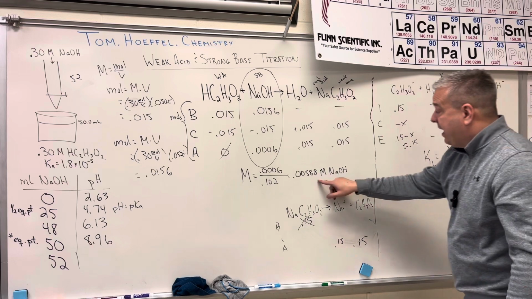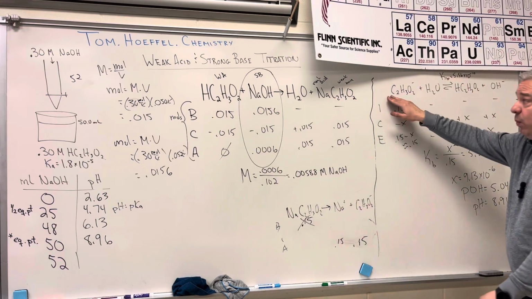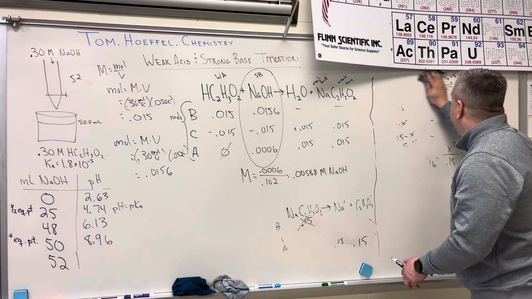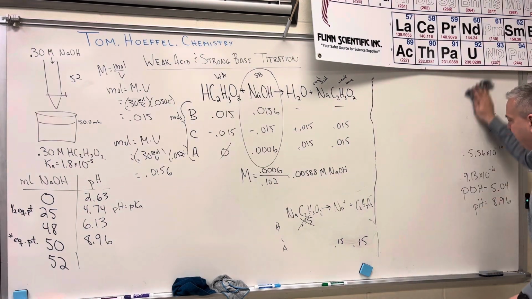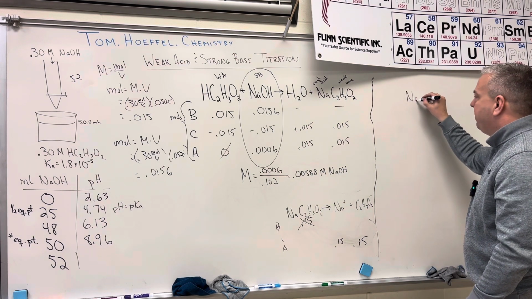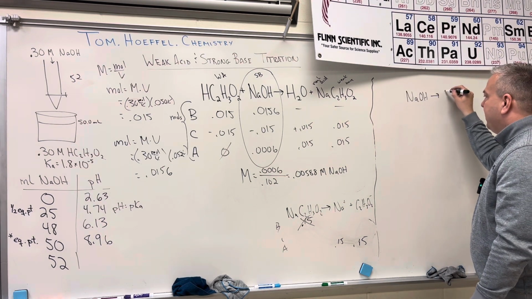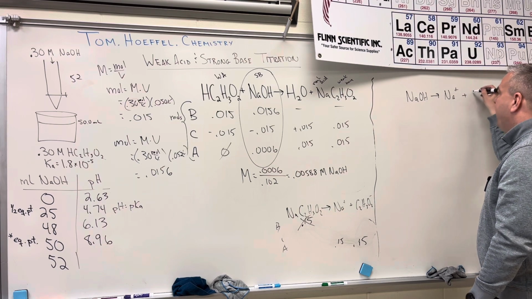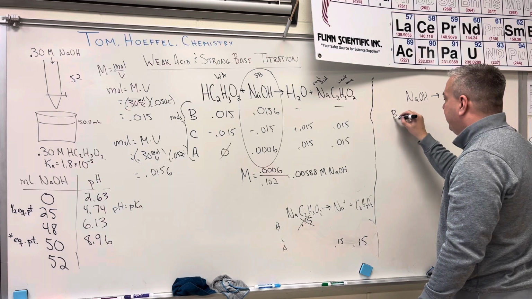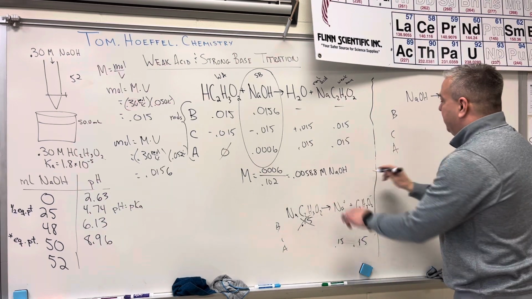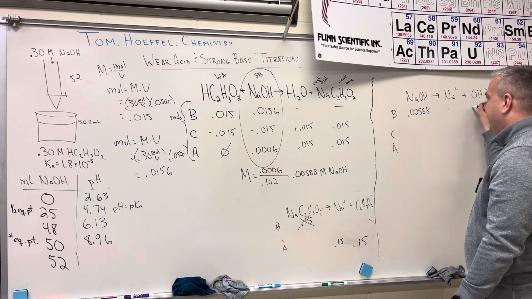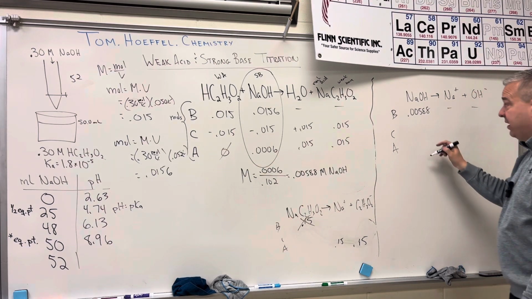So if we have a strong base present, we don't have to write a weak base equation. We need to write a strong base equation. So let me do some erasing over here and write a strong base equation. It's going to ionize 100%. So whatever I have over here as the molarity of the strong base, 0.00588, all of it's going to go away.